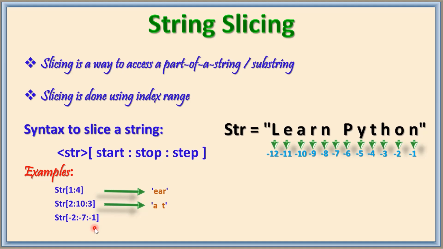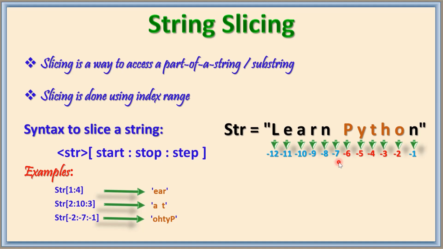It is +1. It is never -1. So in case the start is the bigger number and the stop is the smaller number, then it should go from right to left. So now it starts from -2 and goes up to -6. That is, -7 is not included. We know that. So the output will be OHTYP.